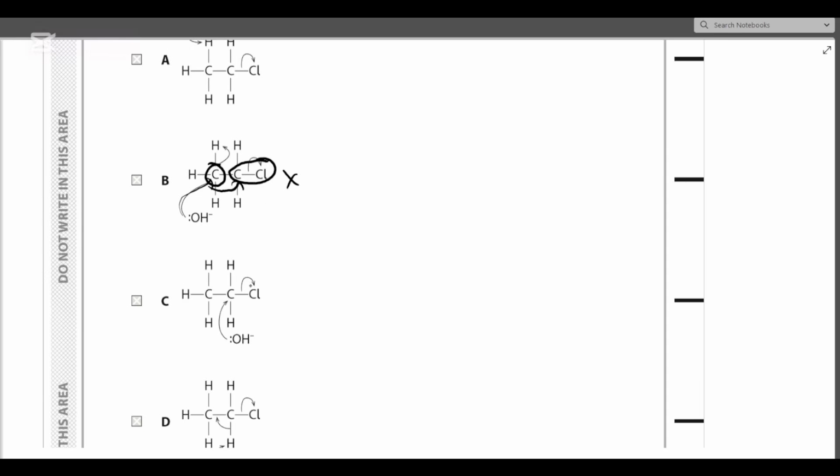So when it attacks the carbon, for example in option C, which is the correct one, the bonded electrons in the C-Cl bond get taken away by the more electronegative atom, which is chlorine in this case, and this bond breaks, producing our favorite carbocation down here. And then the OH attacks again so that it can produce the alcohol. So our only option here is C.